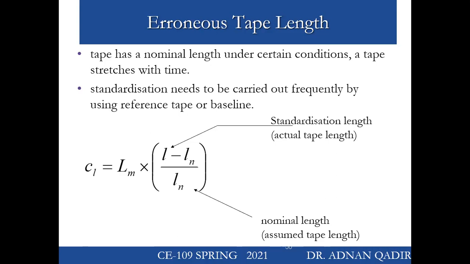Maybe this tape is 100 feet, maybe 30 meters. And LM is the actual length of the tape that is now present. I mean, there may be a tape that is 99.94 feet, while the nominal length is the assumed tape length.